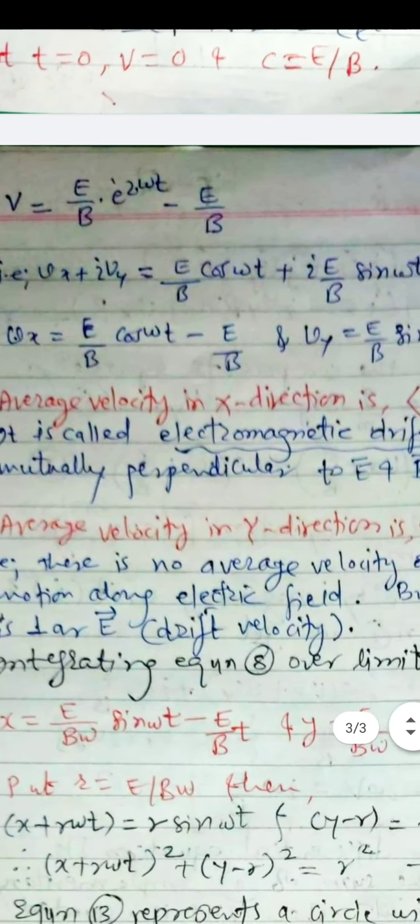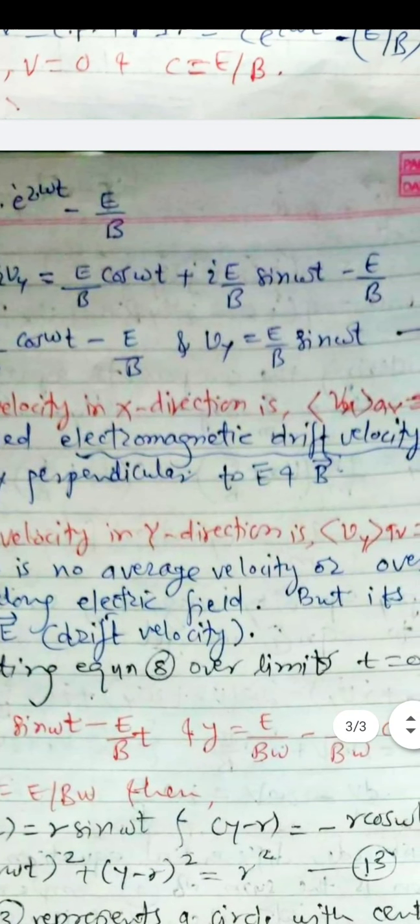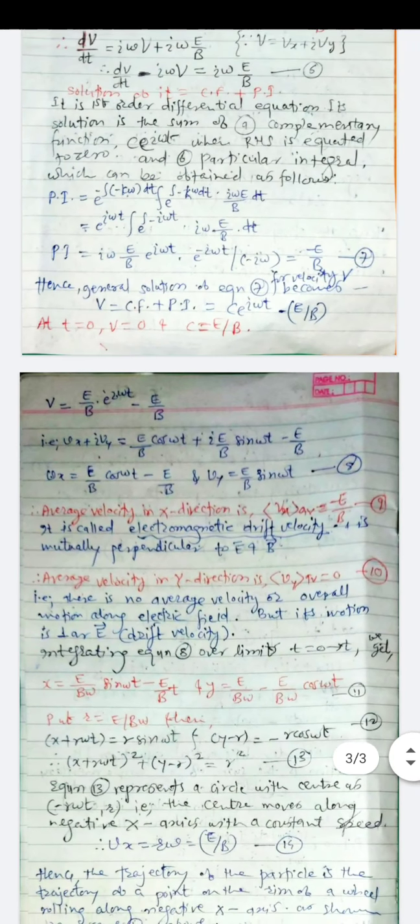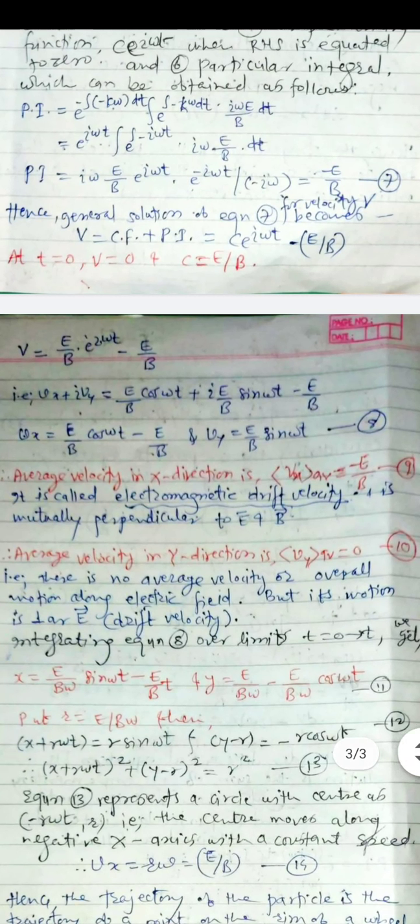It is mutually perpendicular to E bar and B bar. Now in this article, we learn one new concept, electromagnetic drift velocity. It is given by minus E upon B as equation number 9. That electromagnetic drift velocity is mutually perpendicular to E bar and B bar.